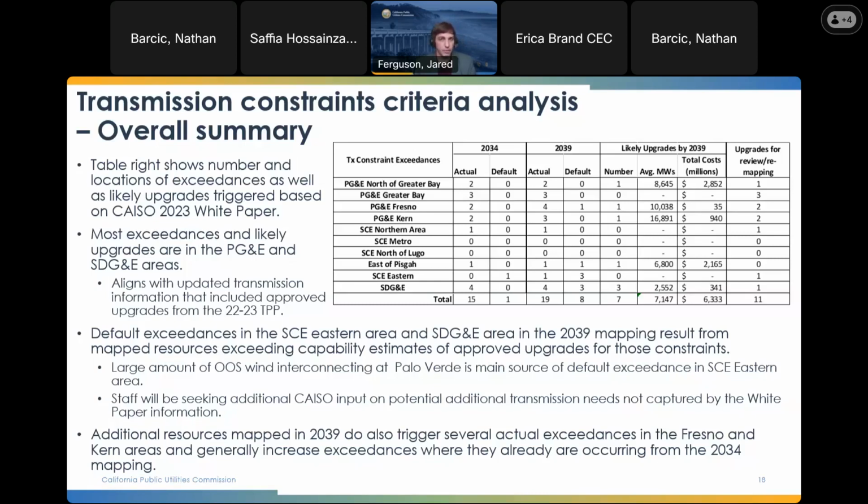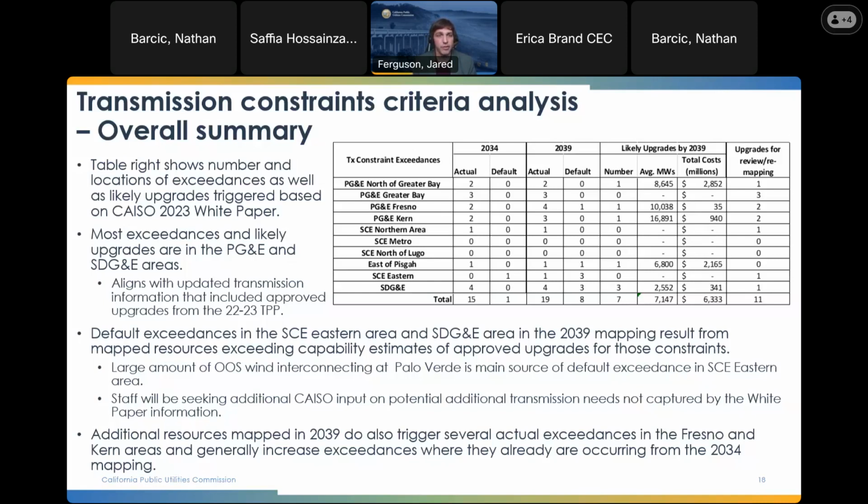So this table in the top right shows, of the 104 or so transmission constraints we have from the 2023 white paper, how many are exceeded by the mapping results. The first two columns are 2034 exceedances, and the next two columns are 2039 exceedances. You can see in both 2034 and 2039, most of the actual exceedances are in either the PG&E area or the San Diego area.